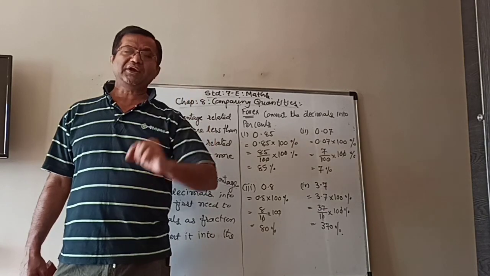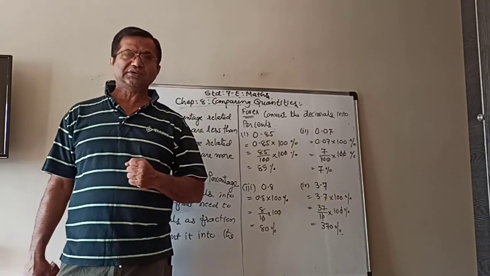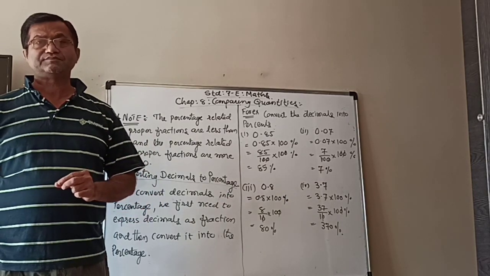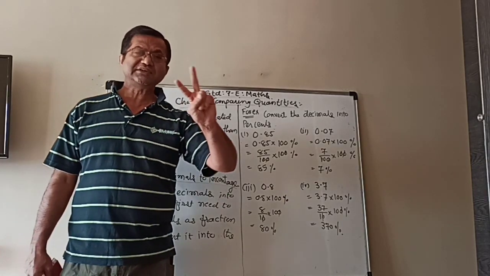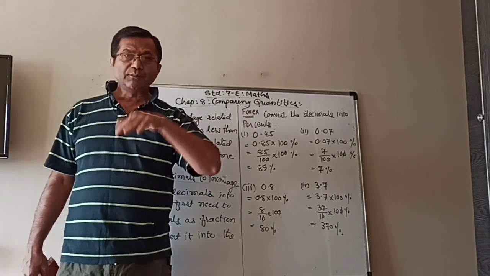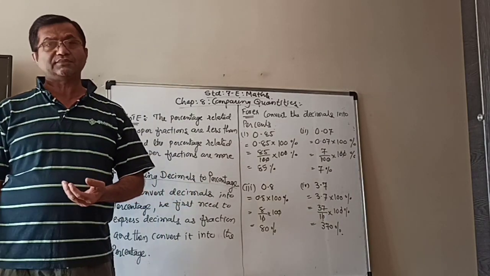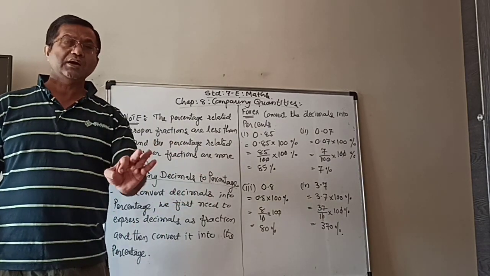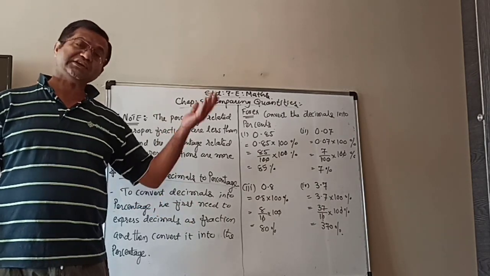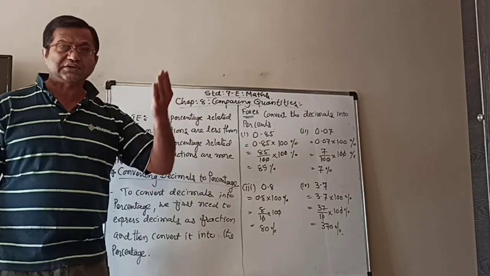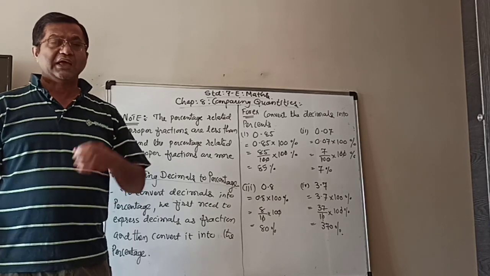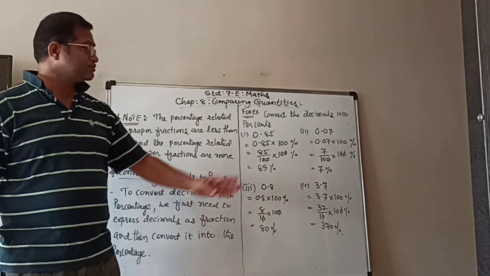If there is 1 digit only, you take out the decimal point and write 10 as the denominator. If there are 2 digits after the decimal point, you take out the decimal point and put 100 in the denominator. Then apply what we did in the last session to convert the fraction into percentage. Let us understand with some examples.